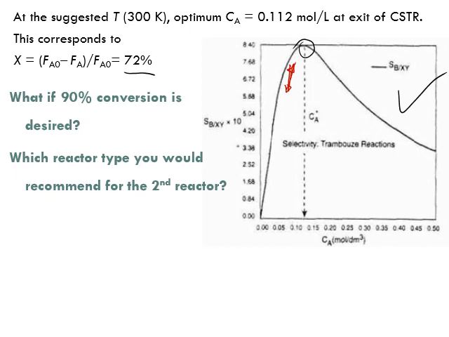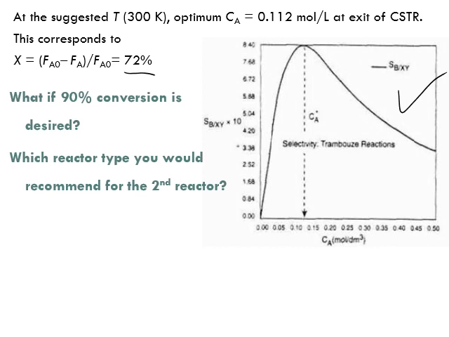So at this suggested temperature, the optimum concentration is 0.112, which corresponds to 72% conversion. If you want larger conversion, that means you have to put another reactor. Which reactor type would you recommend for the second reactor? Another CSTR, or a plug flow reactor?